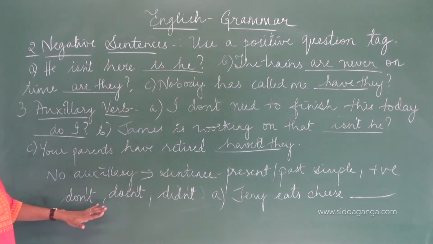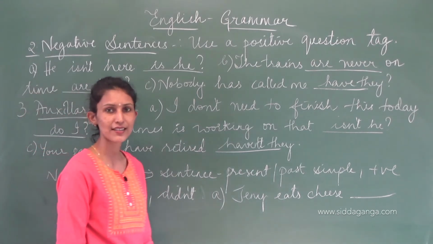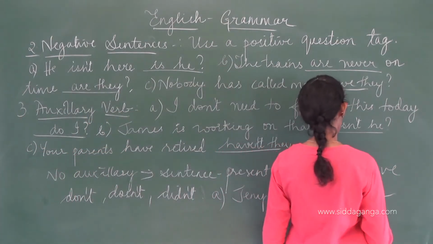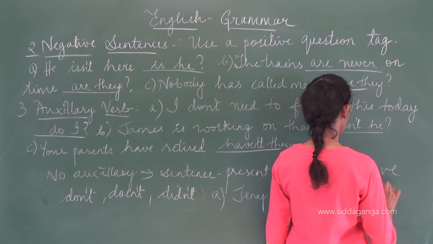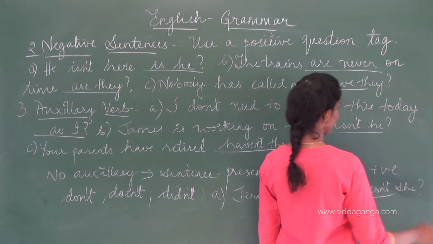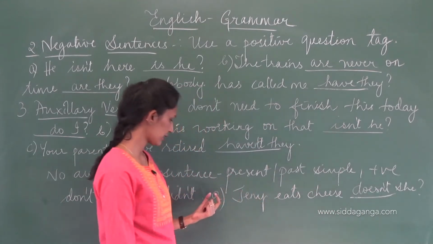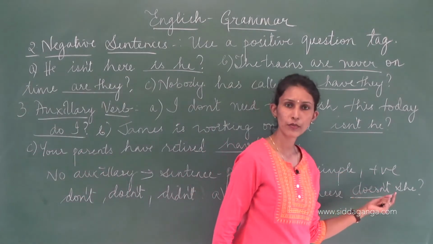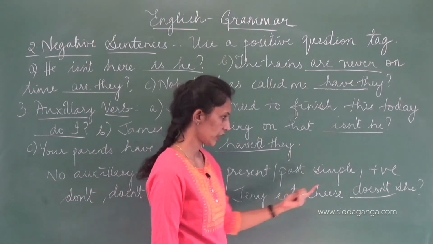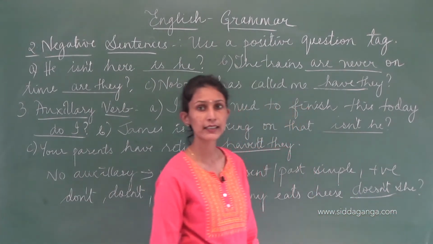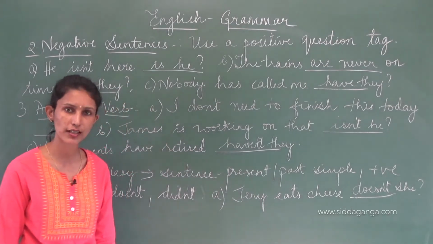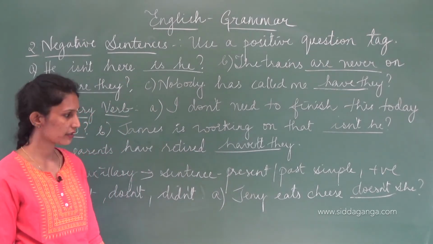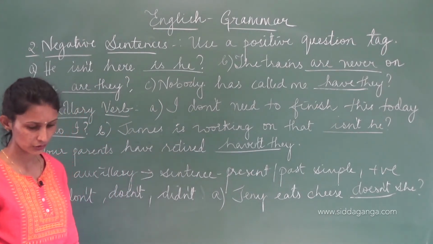So we are supposed to use these question tags. Jenny eats cheese, doesn't she? It's already mentioned that if the sentence is positive, we use a negative question tag. Doesn't she eat cheese? Yes, she eats cheese. You have an answer to your question.